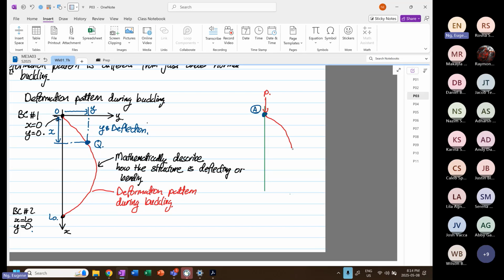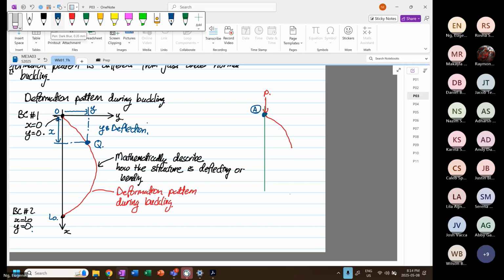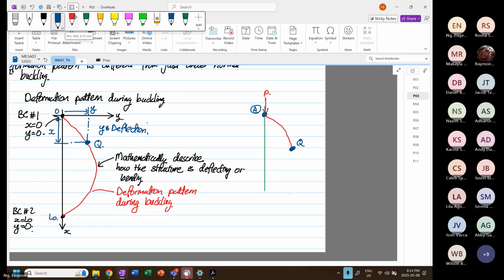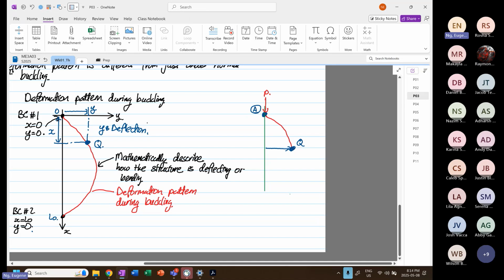And now at this point over here, this is now our point Q. And we are aware that at point Q, we have a certain distance from here to here, which corresponds to our y.